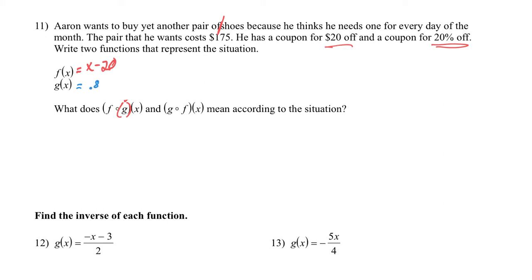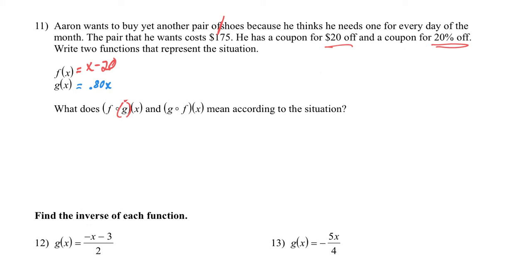So we're going to do 0.80x. I think it's a lot easier to think about how much you are spending rather than how much you are saving, partly because that can help you from spending too much. Instead of looking at how much money I saved, look at how much money I spent. So if I multiply by 0.8, that will give me how much I spent based on the 20% off.